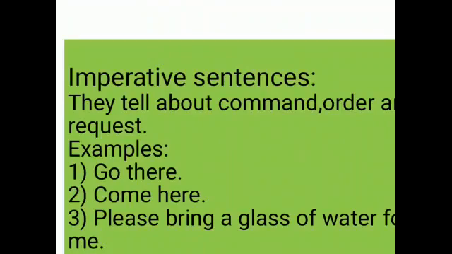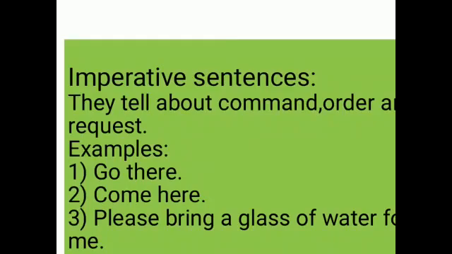Now we are going to study imperative sentences. Imperative sentences are those that are used to give command, order and request. There are some examples before you, like go there, come here, please bring a glass of water for me. So we can have some more examples like shut down, go out, switch on the fan, take out your notebook.